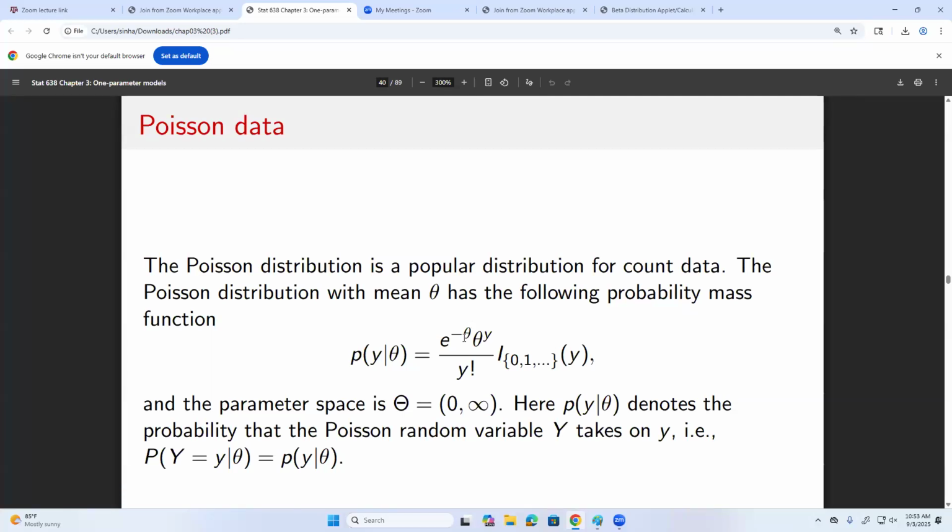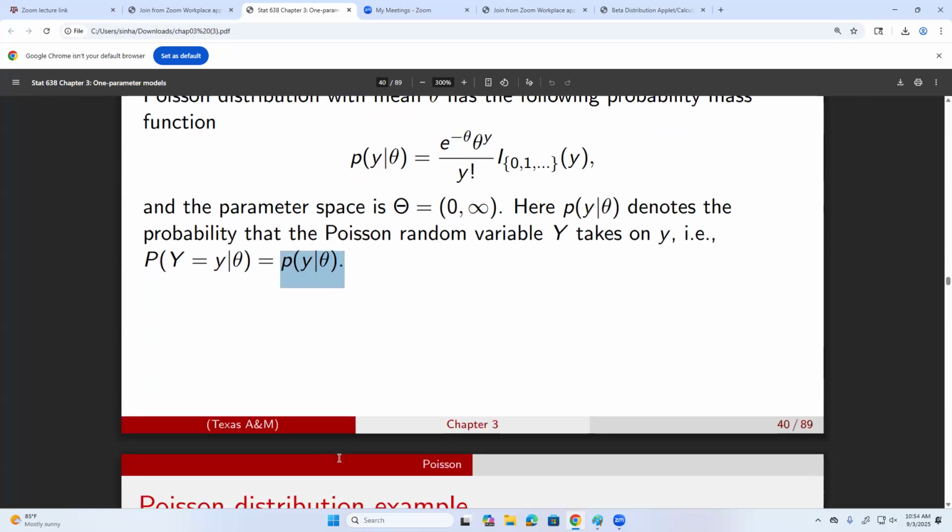The parameter space theta must be positive, so it is 0 to infinity. Here p of y given theta denotes the probability that the Poisson random variable takes on this little y. So instead of writing this entire expression, we'll be using this simple notation, p of little y given theta.